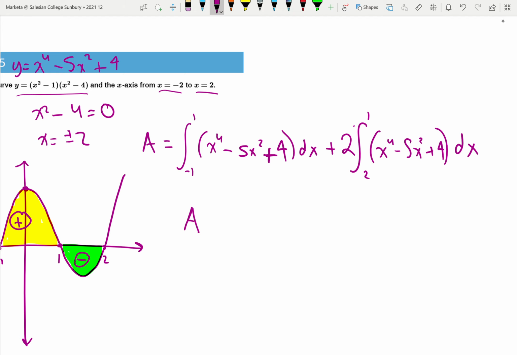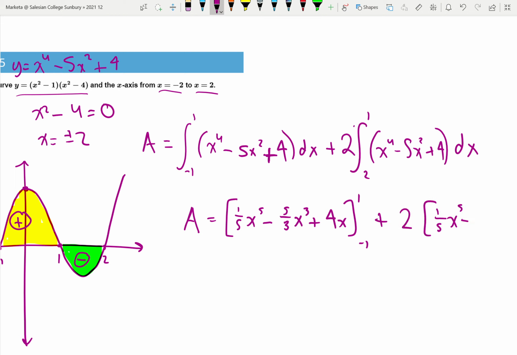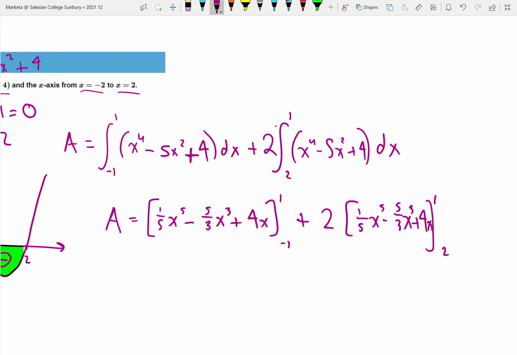And then we would antiderive, so that's 1/5 x^5 minus 5/3 x^3 plus 4x from -1 to 1 plus 2 times, it's the same antiderivative here, from 2 to 1.